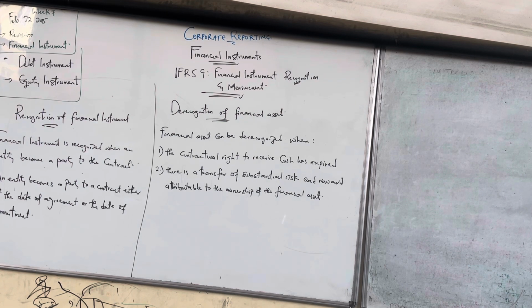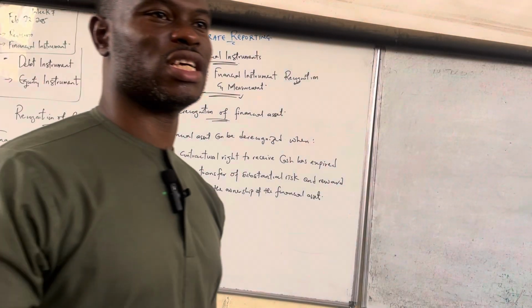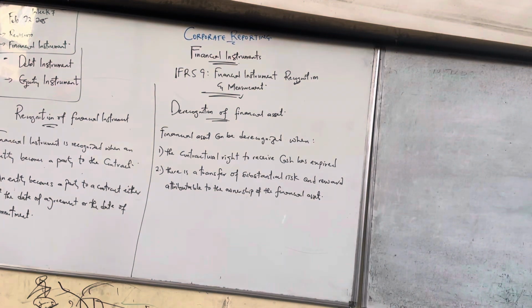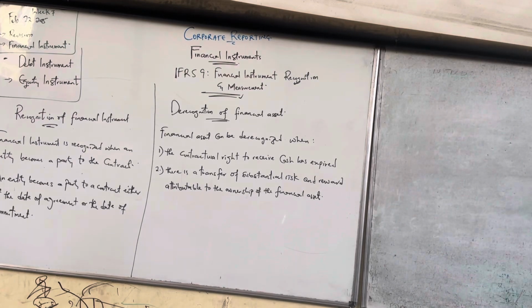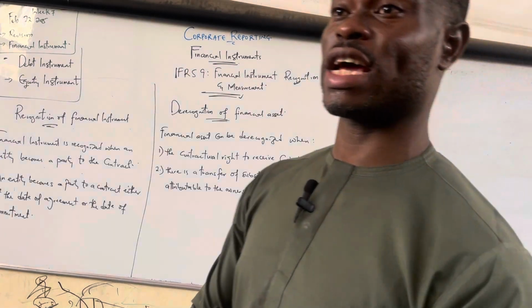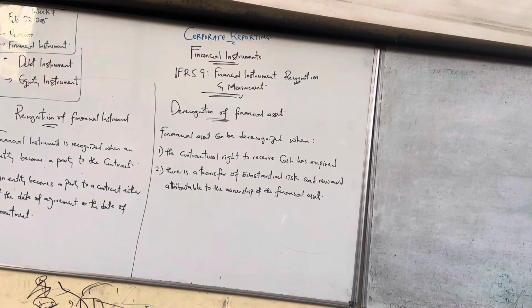If you are buying it back at fair value, that is fine. But when you are buying it back at a fixed price, that you are the one dictating how much you buy it back, we believe you haven't transferred, because you still have control. Transferring risk and reward means transferring everything, control. You are not telling them, okay, I'll buy it back at 2 naira, I'll buy it back at 3 naira. No, you haven't transferred. You continue to recognize it in your books.